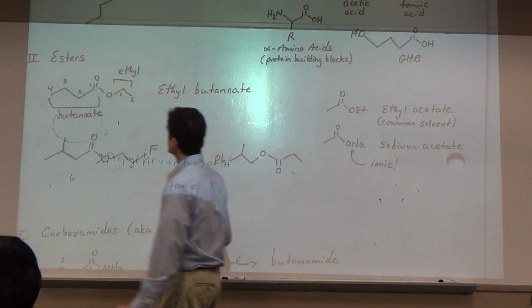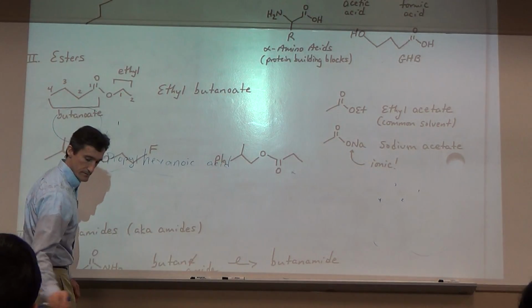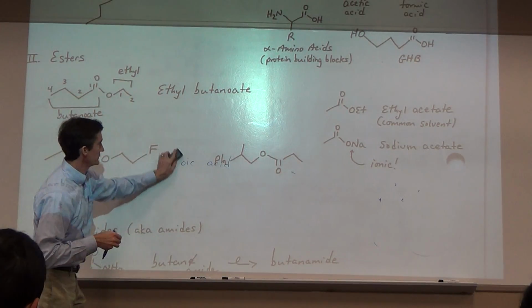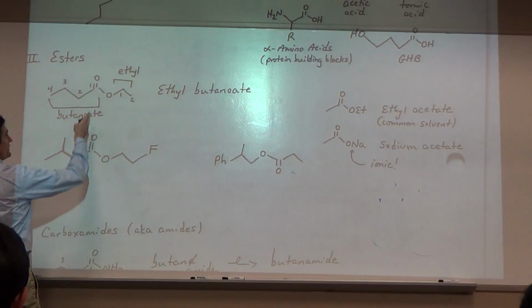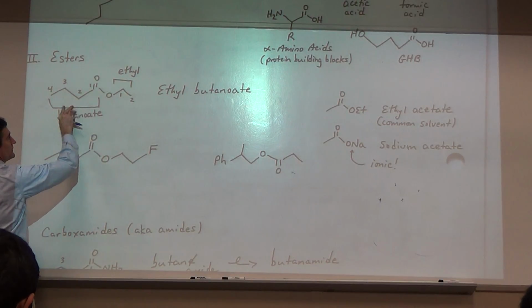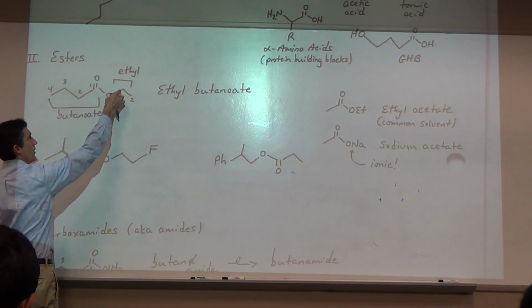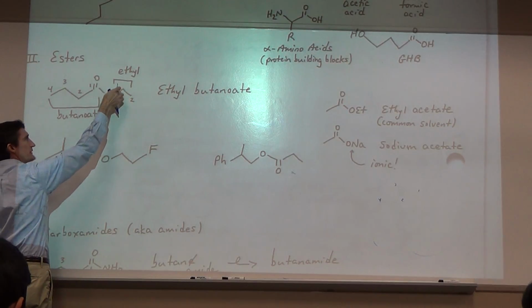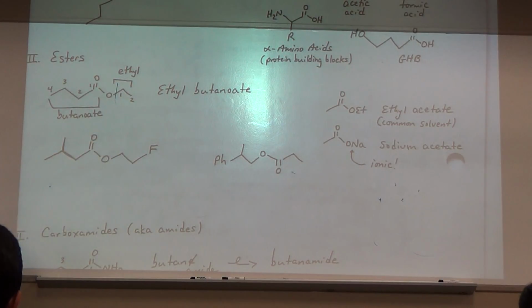Esters. Esters are going to have two components. You have the acid component, the carbonyl component, and then you have the R group. Because that's an acid with an H, but if we put an R group on, it becomes an ester.